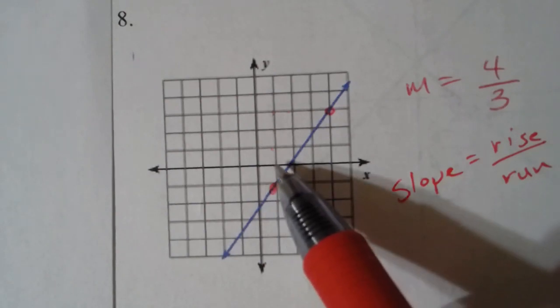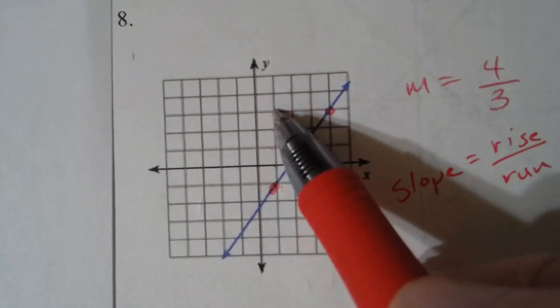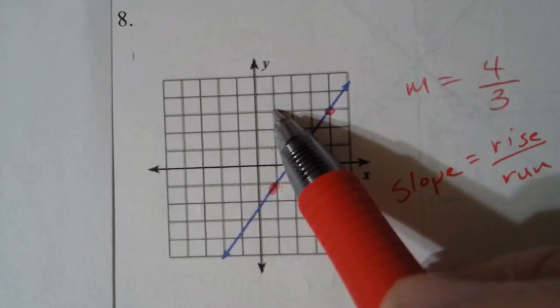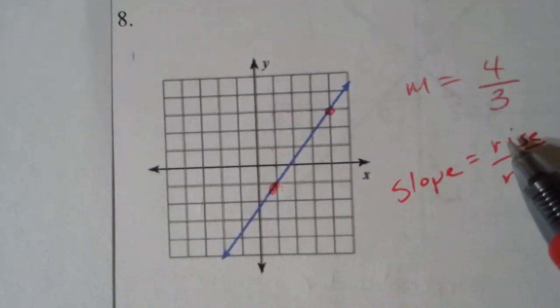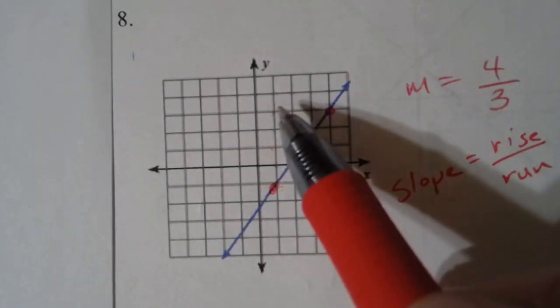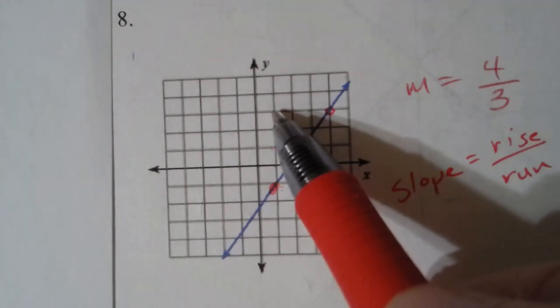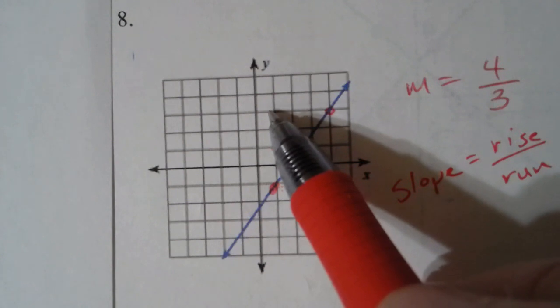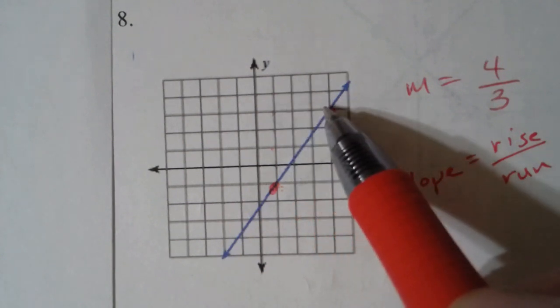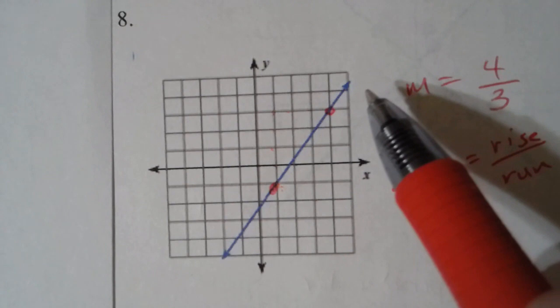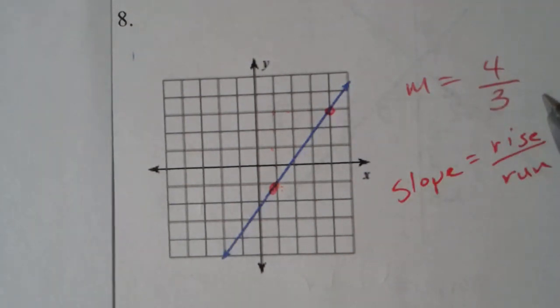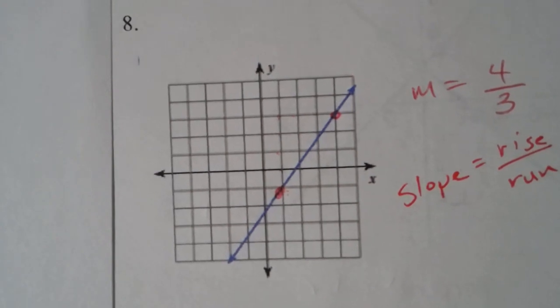So here I go 1, 2, 3, 4. I have to go up 4, so I've got +4 on the top. And then to see how far until I'm right on top of my point, I have to run over either left or right. So I have to run 1, 2, 3. So I ran 3 in the right direction, the positive direction. So I'm going to have 4 over 3 for the slope of my line.